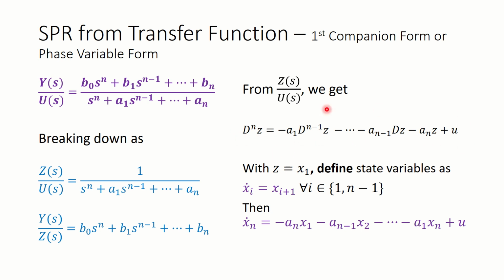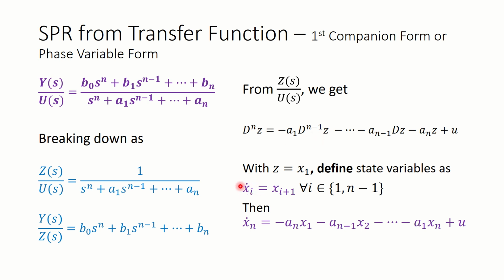And then you look at the right hand side, and in the same manner that dn x1 is dnz, you will find that here you see an, this z is x1, so we have written this minus an x1, then this dz is what? x1 dot, which is x2, so we have written this minus an minus 1 x2, and we go this way, and we come to this, which is a1 dn minus 1 z, which is xn minus 1 dot.